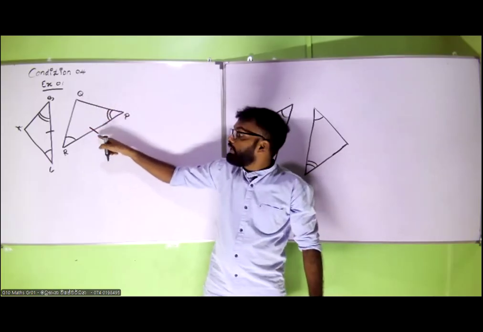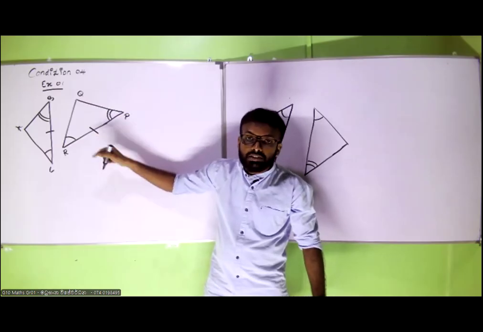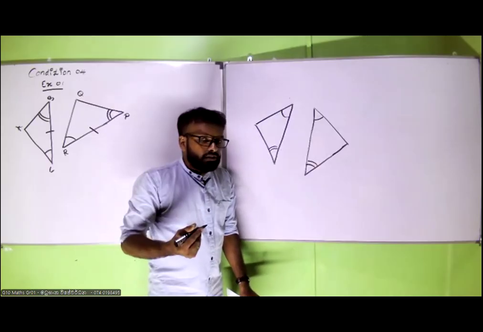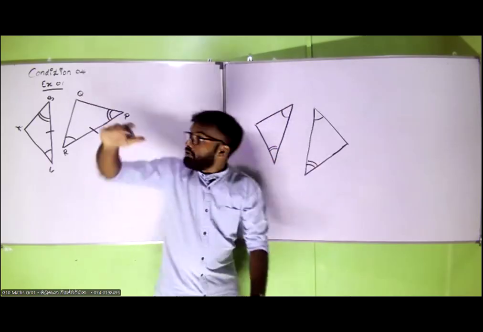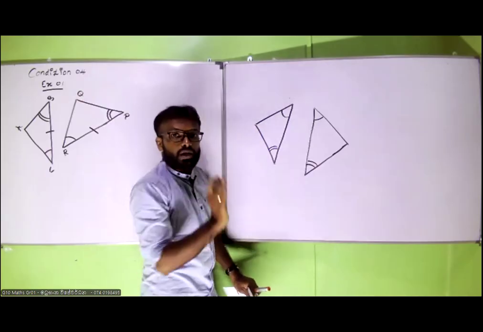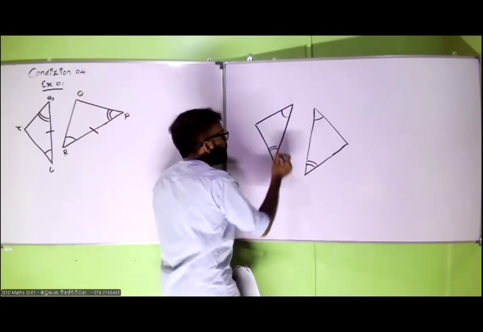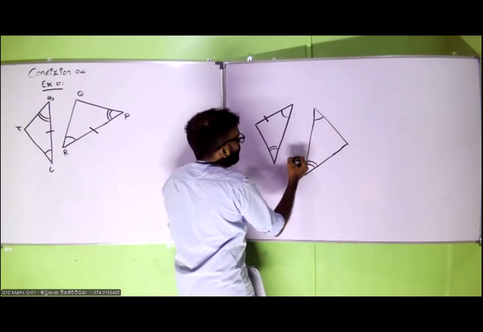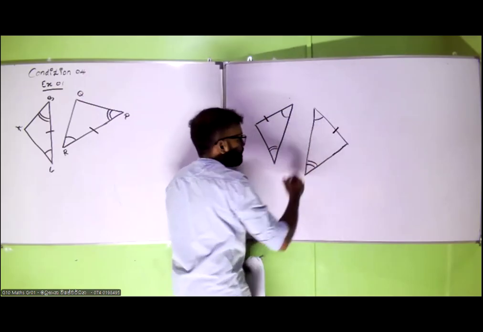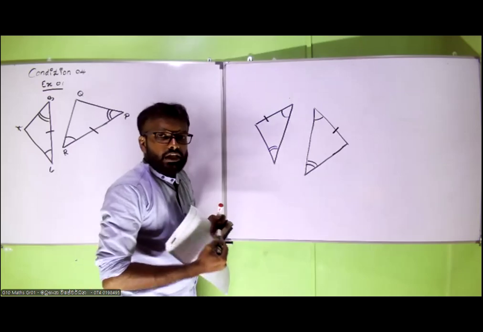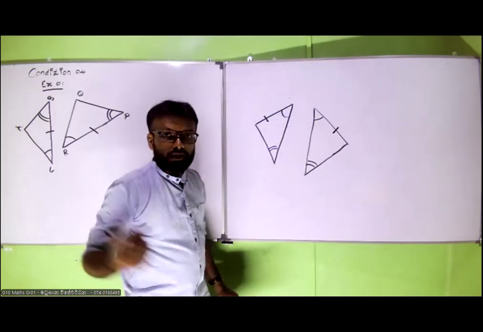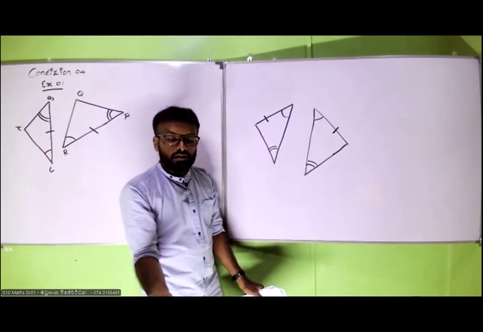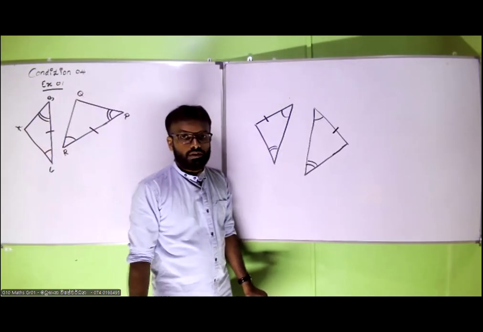In a different scenario, this condition 4 can be like this, this side equal to this side, equal in length. This condition can be like this as well. How is that?